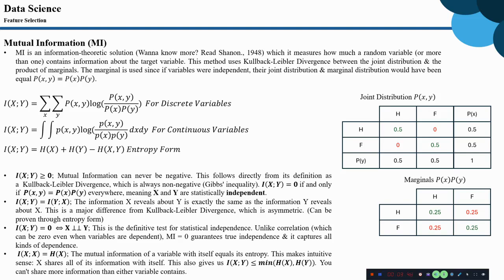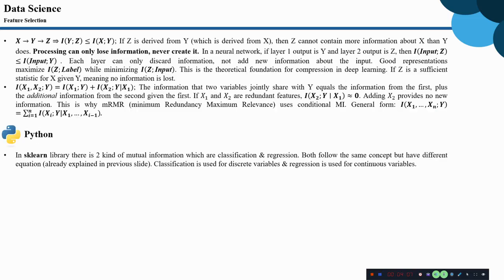The mutual information of a variable with itself equals its entropy, and if you want to know more about entropy, go ahead and see channel 9048 and you can understand it better. But the explanation of the entropy concept is outside the aim of this video. The next condition is if z is derived from y, then z cannot contain more information about x than y does.